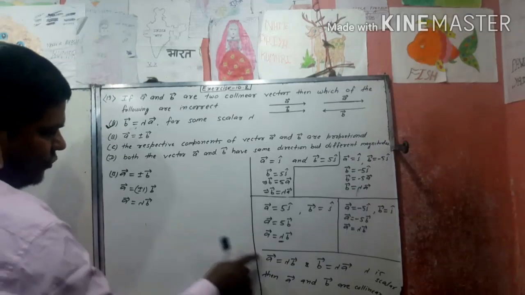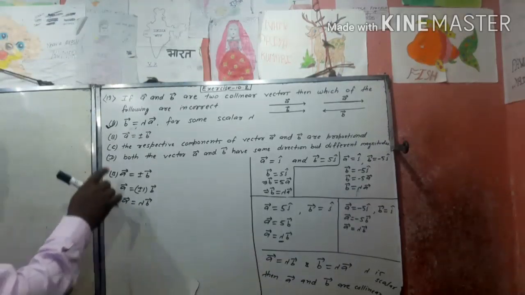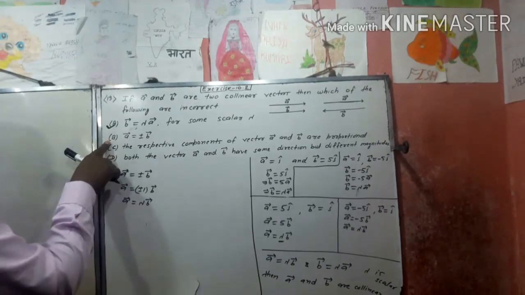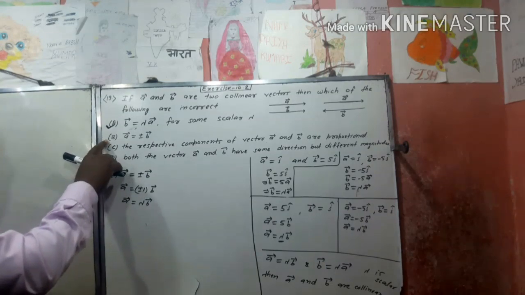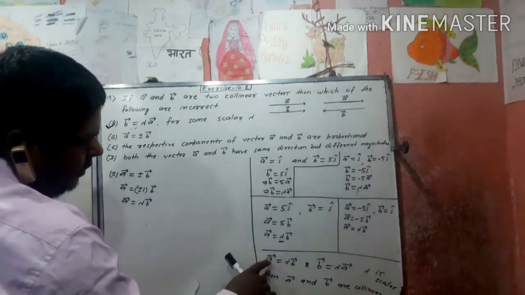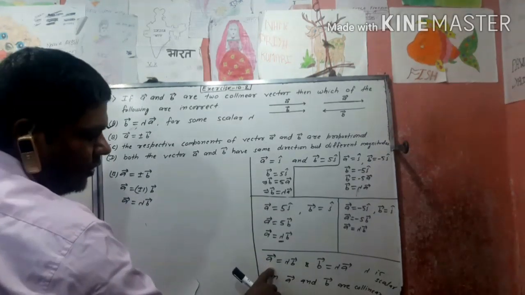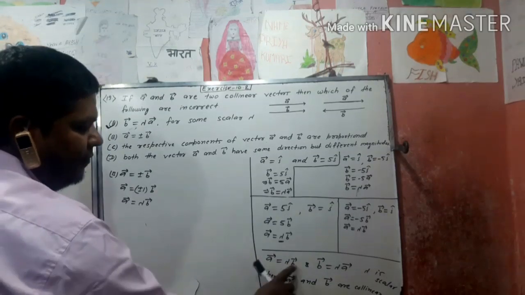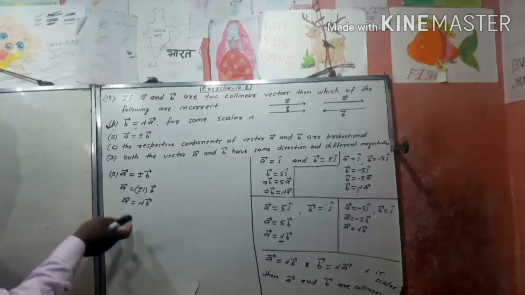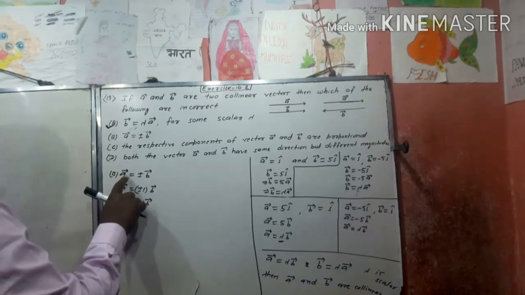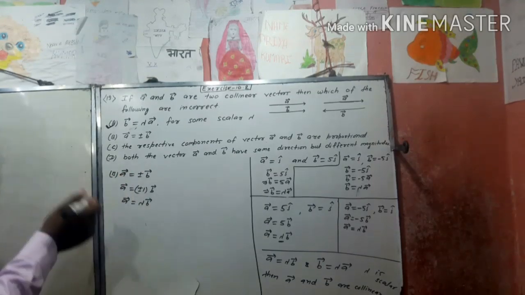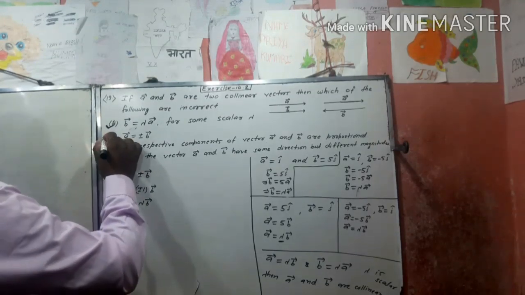Both are similar. So option B is also correct, because in the given example A vector and B vector are parallel to each other. It means A and B are collinear. So in the given option B, A vector and B vector are collinear. It is also true.